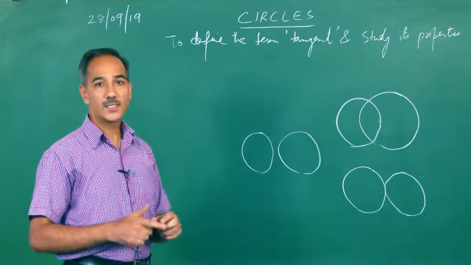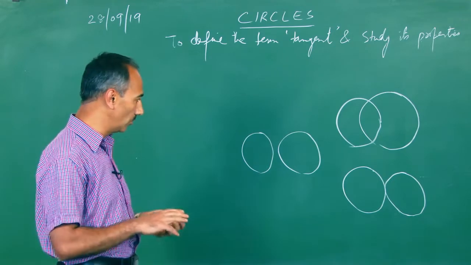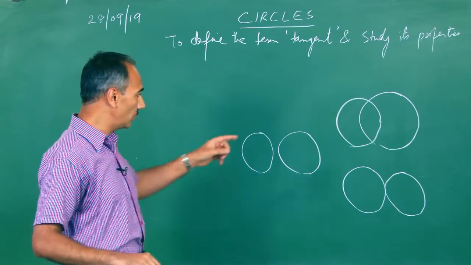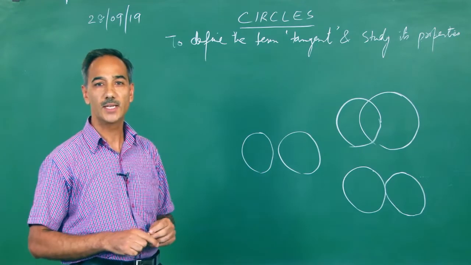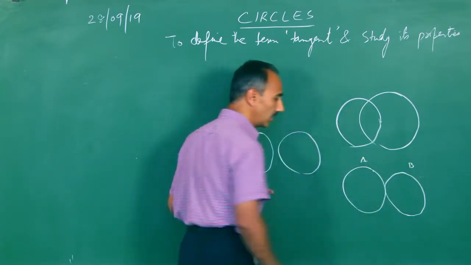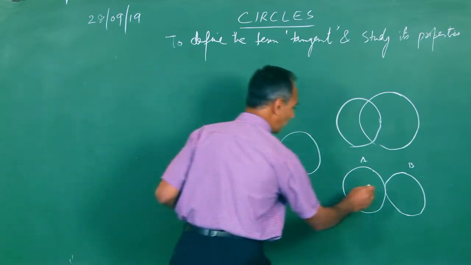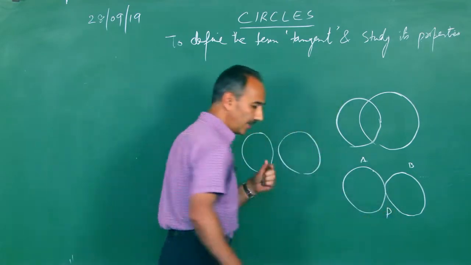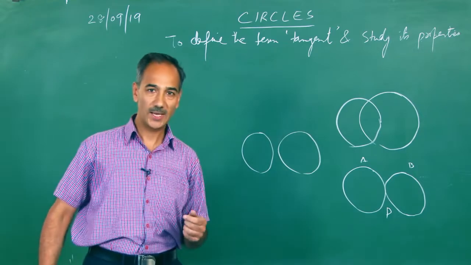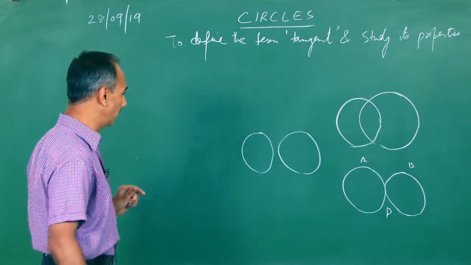Now, when two circles intersect at 1 point, not necessarily circles, they could be other curves. Curves could be homogeneous, they could be heterogeneous. When two circles intersect at a point, say this is circle A and this is circle B, I would say circle A and circle B are tangent at point P. So the word intersect has a better name, tangent.